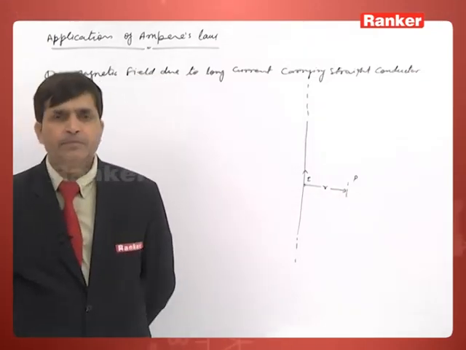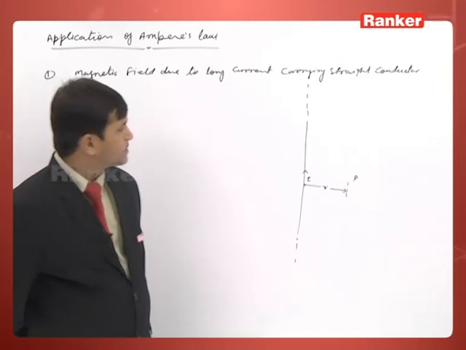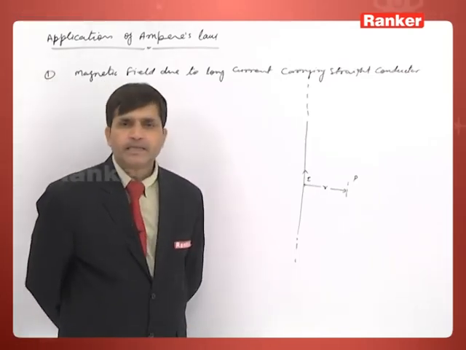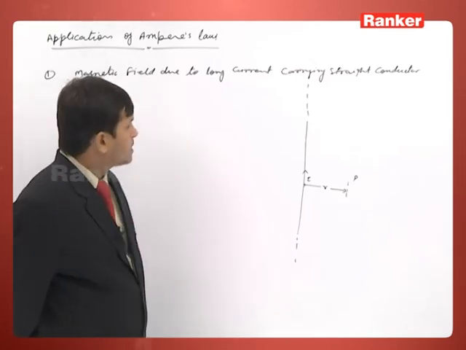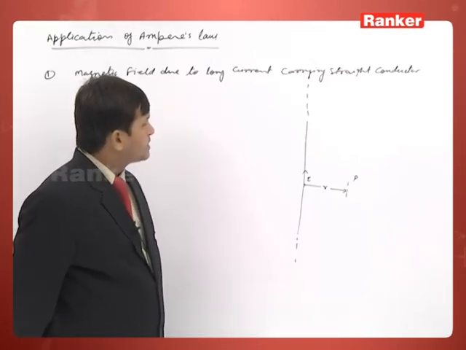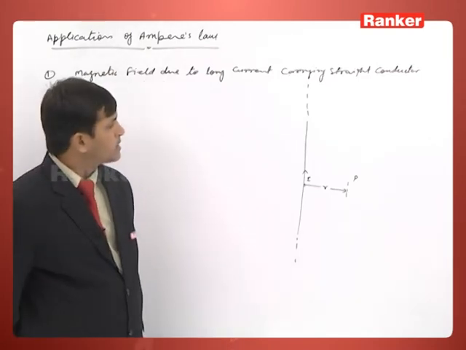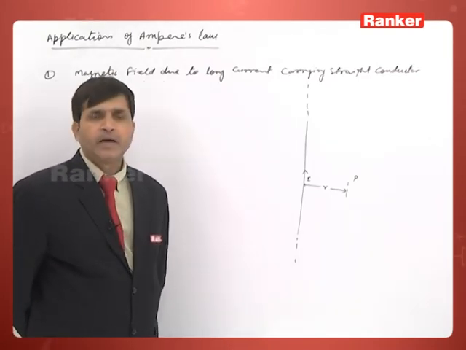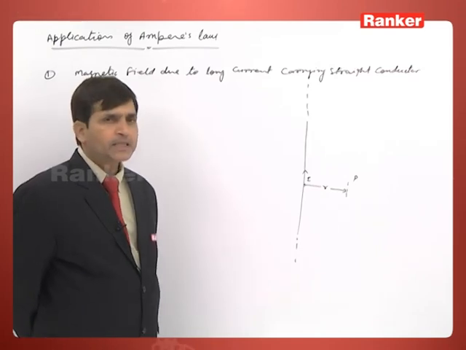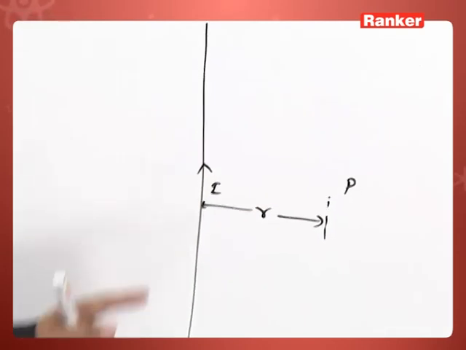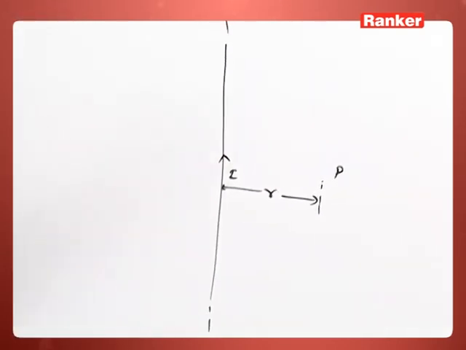The Amperian loop should be symmetrical about the current carrying conductor. So if we make a circular loop in such a manner that our conductor passes through the axis of that circle, then the loop will be symmetrical.